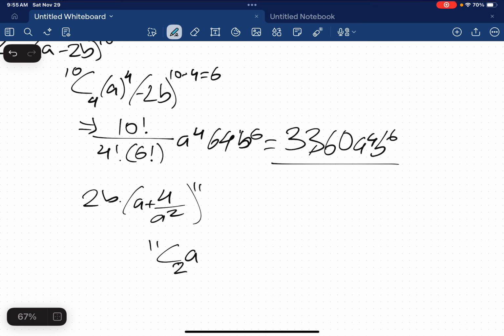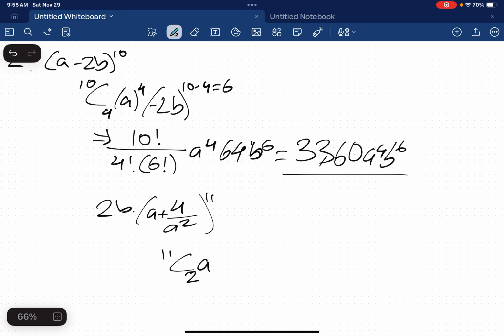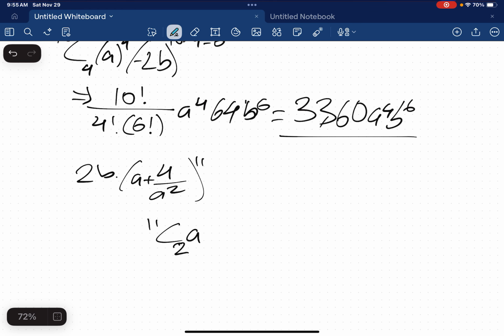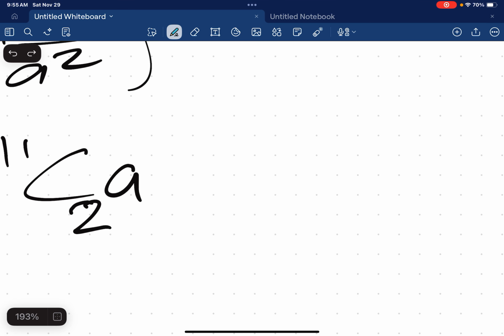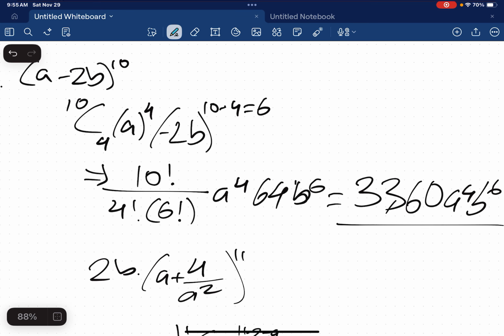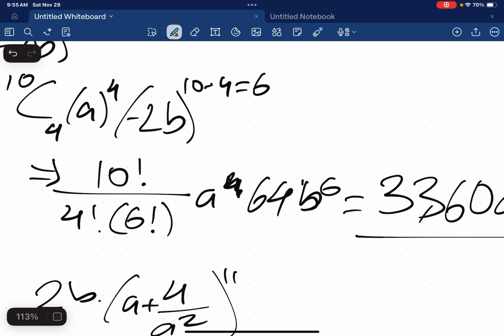Give it a second, everyone. Sorry. 11 minus 2, and that's equal to 9. Okay, that means that this one was wrong. This should be, if I can erase out of here, that should be 6, and this should be 4.